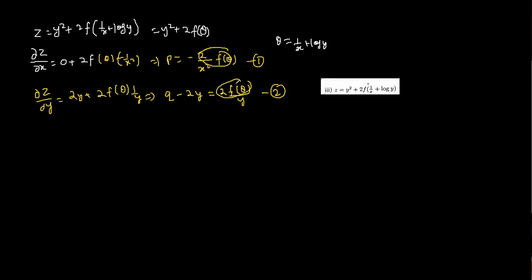From here and here, you are getting the same thing. When you divide, you will get the answer. That's it. Right? When you divide, your purpose is to eliminate this part, f of theta. I think this will be the derivation. Minus 2 upon x square.